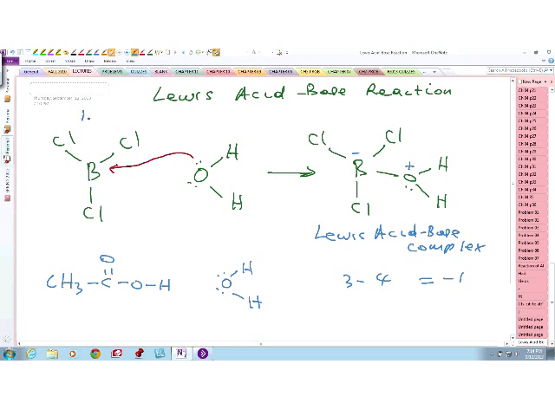By the way, right here, this is the Lewis acid, and this is the Lewis base. The water is your Lewis base here.